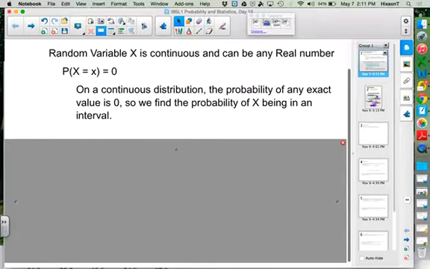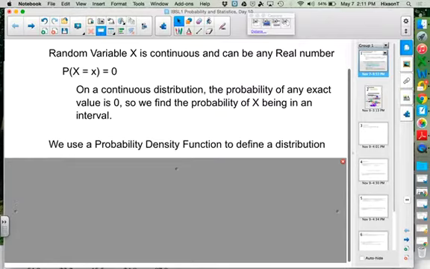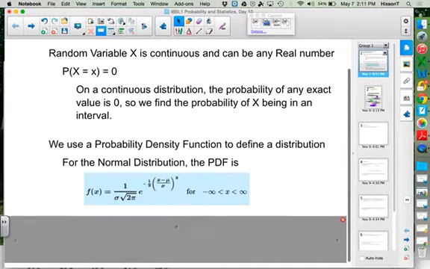Now, the next thing you don't need to write down, but I want to connect this to something that we talked about a long time ago, back in either chapter 2 or 3. And that is, every distribution has what's known as a probability density function. And for the normal distribution, it's that. It's 1 over sigma, and what's sigma?